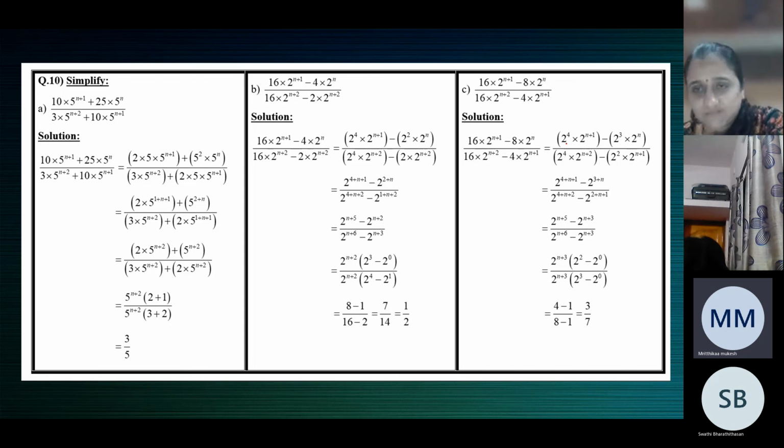The next step is, when the bases are same, we can add the powers if there is a multiplication symbol, and we can subtract the powers when it is in a divide symbol, ma'am.